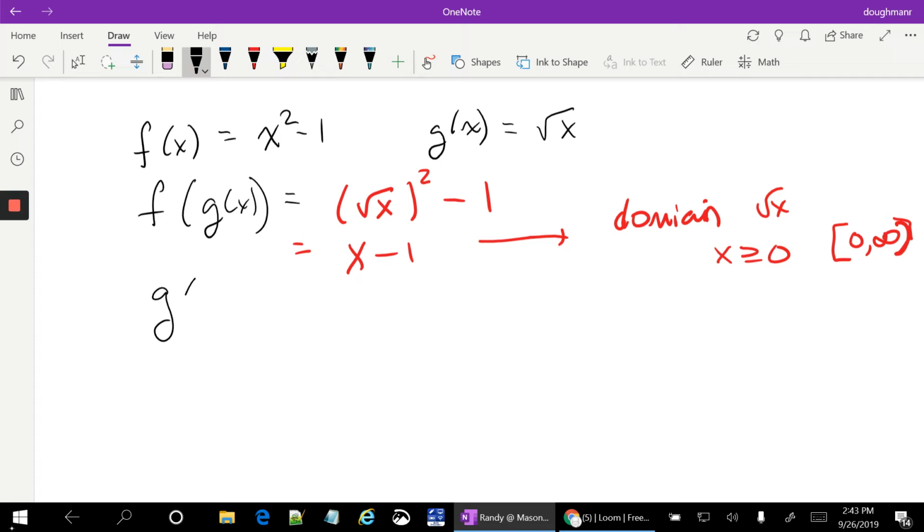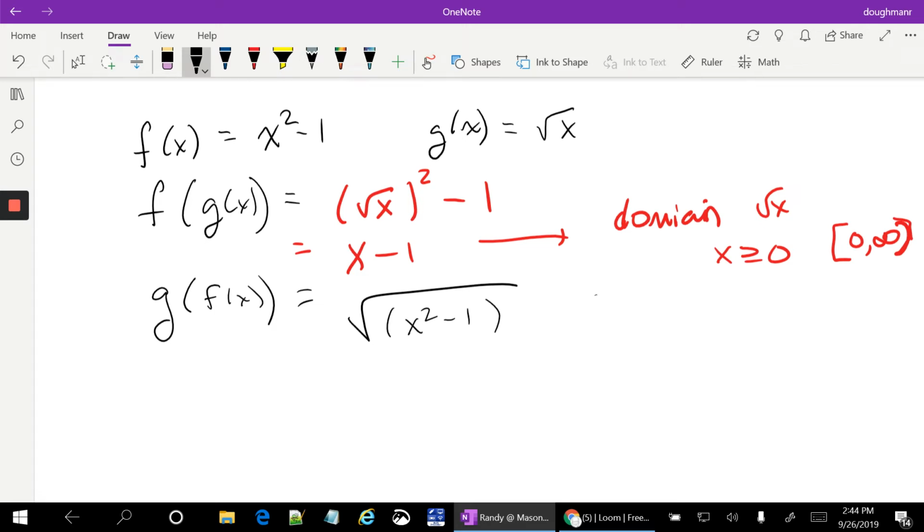I could have said g of f of x, which simply means I start with the g of x, right? So square root of, so I put down the square root of, and instead of putting x, now I put parentheses in here, and I drop in x squared minus 1.